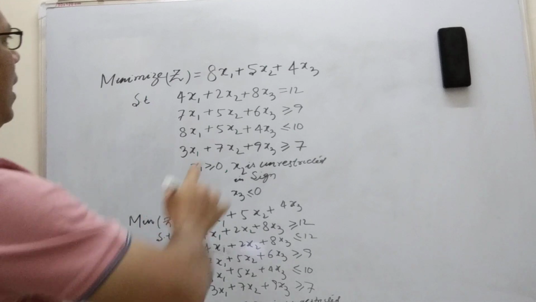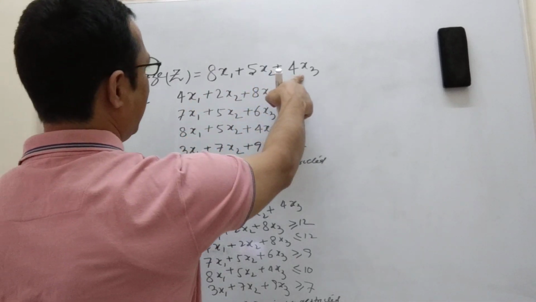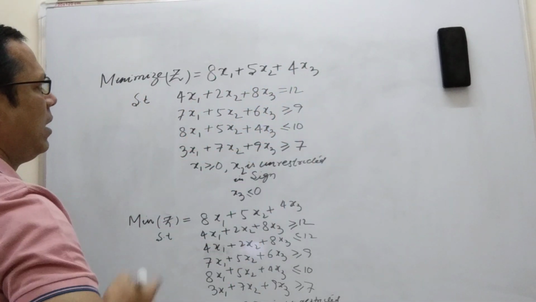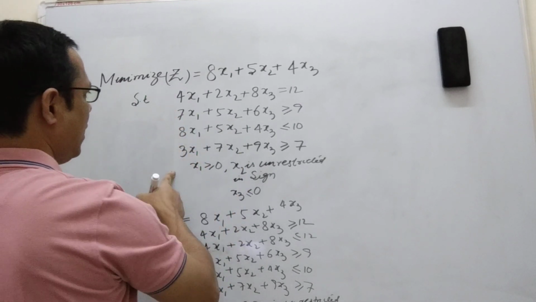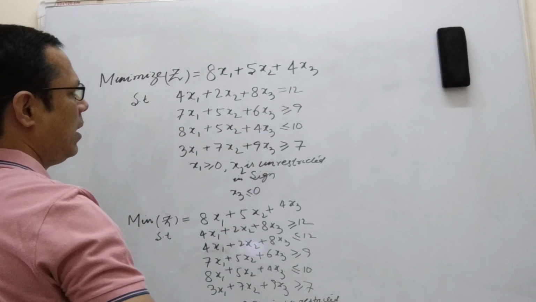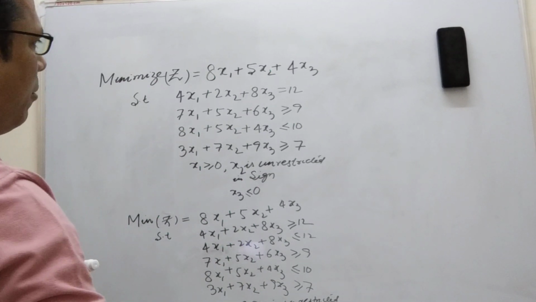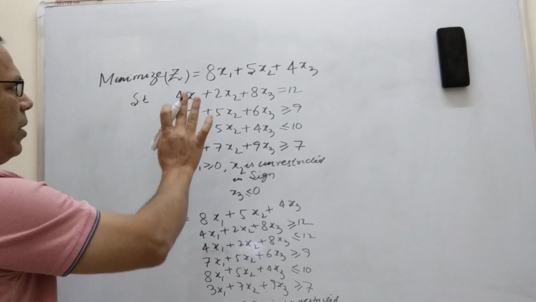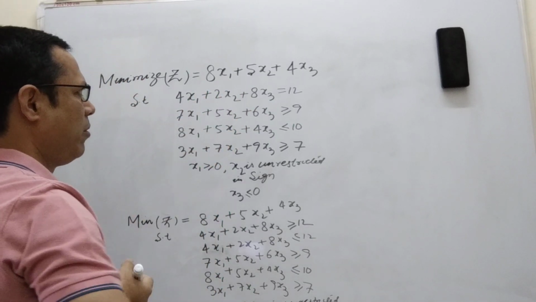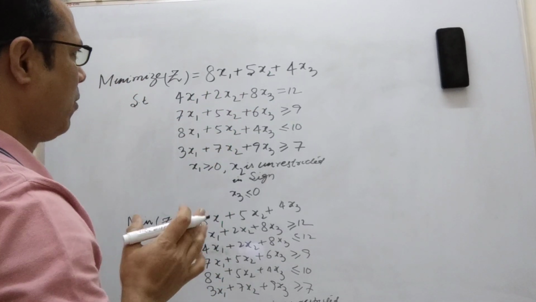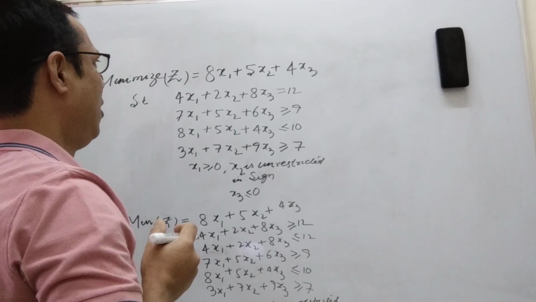It means here there are 3 variables, so in the dual there must be 3 constraints, and here 4 constraints. So primal to dual, this is the first condition. Means the number of variables will change into the number of constraints, and the number of constraints will become the number of variables.